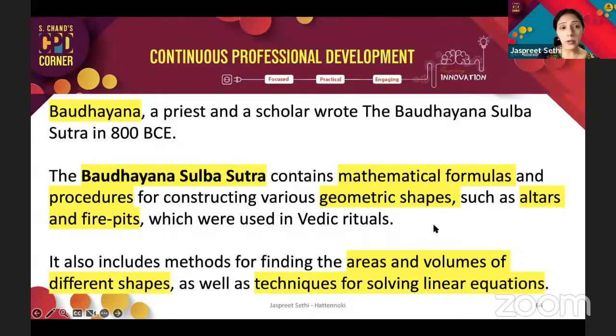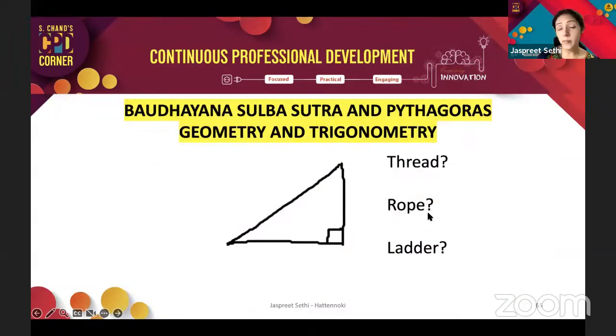But if we talk about the Greeks, some inspiration came from tying a rope, like an animal being tied to a rope, or a ladder that was placed. So that's why we see a lot of these ladder problems in trigonometry, or rope as one of the contexts for a problem that uses the Pythagorean theorem.